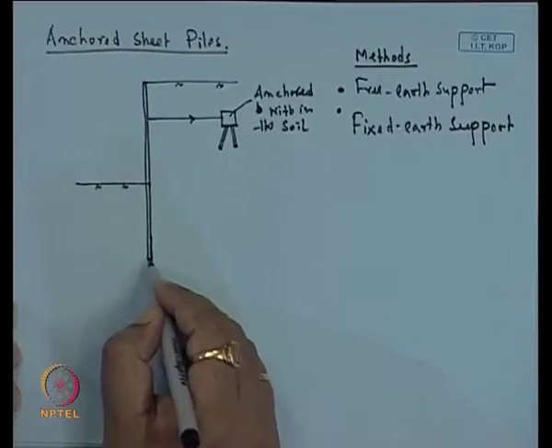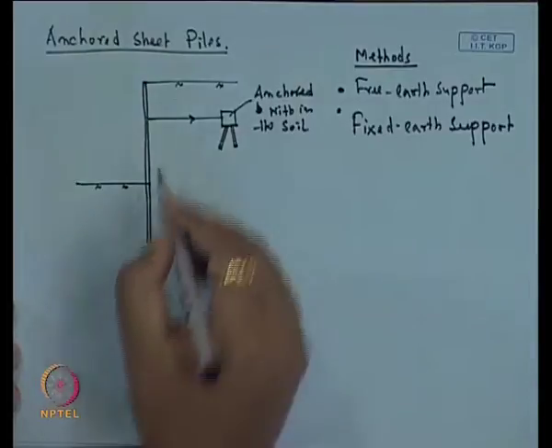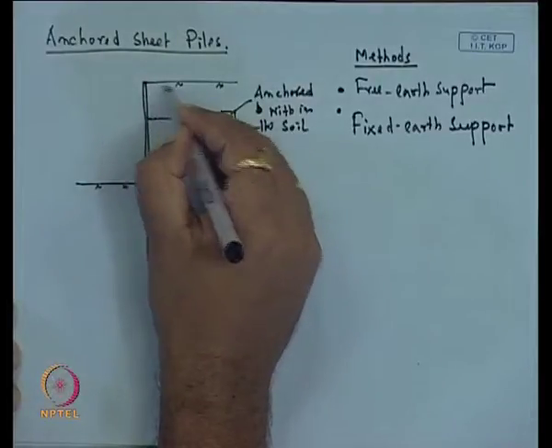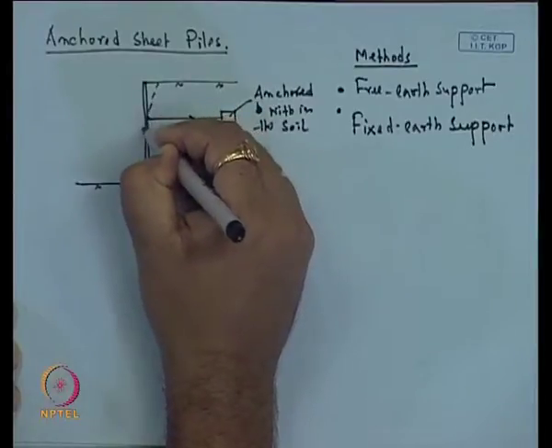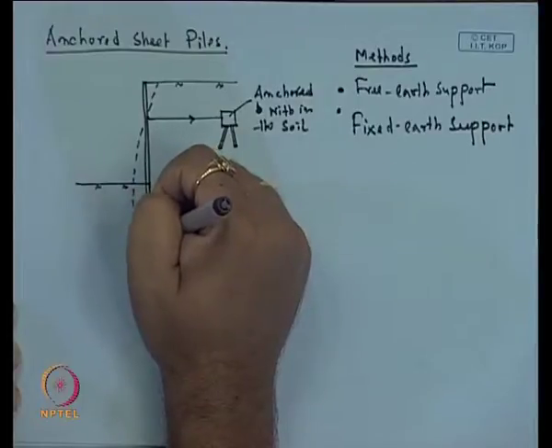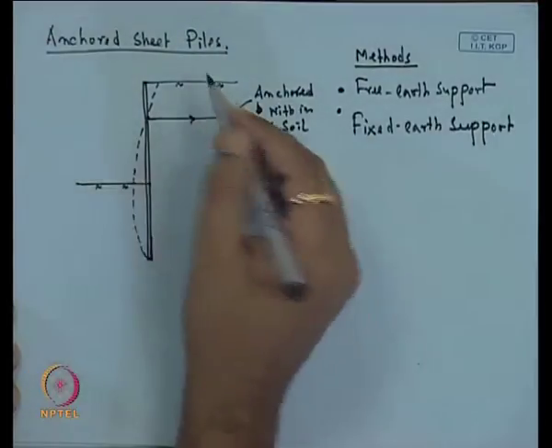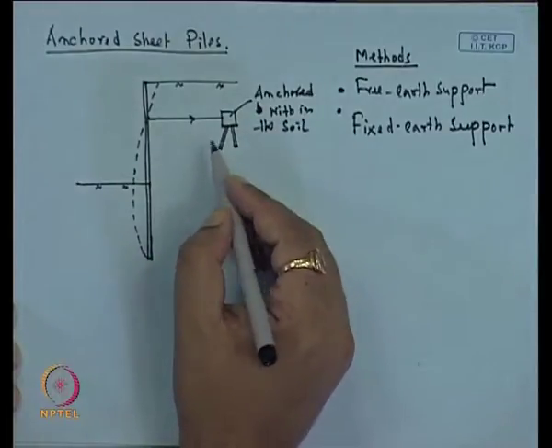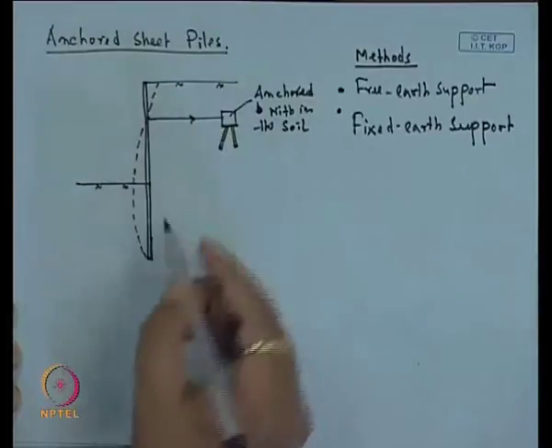So, now if I consider the first, the free earth support method, then the deformation shape of this sheet pile is considered like this. It will deform in this form, and this will be the shape.